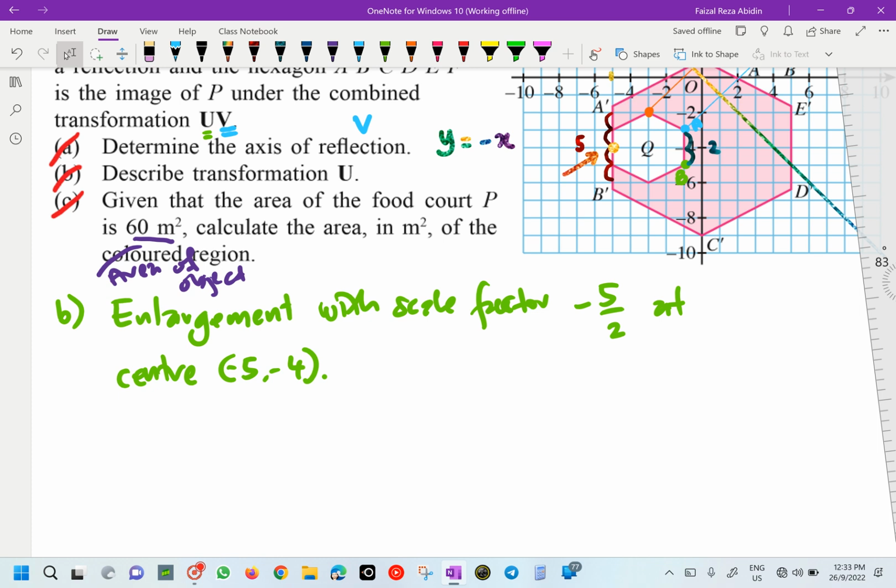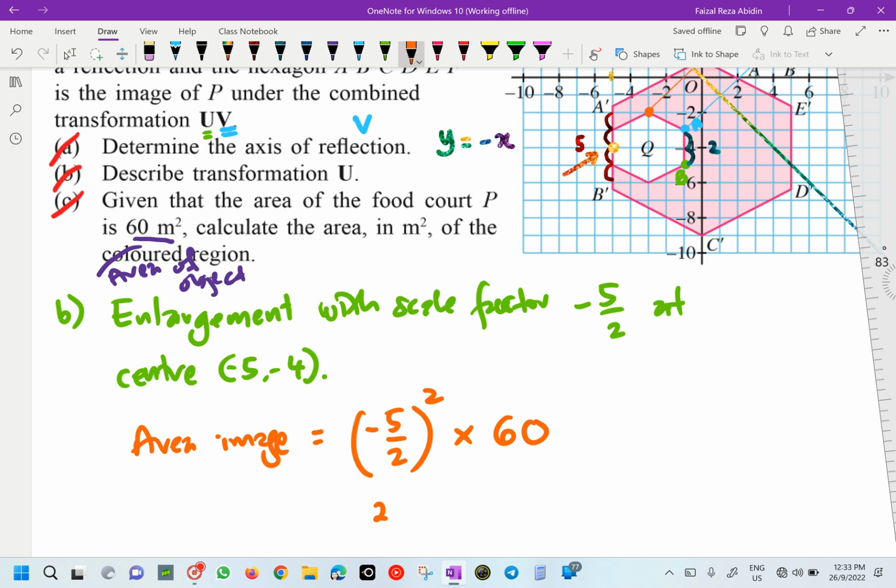The area of the whole image first. So you are using area of image, which is k square times area of object. Where's our k? Negative 5 over 2 square times the area of object, which is 60. Negative squared is positive, 25 over 4. 25 over 4 times 60.